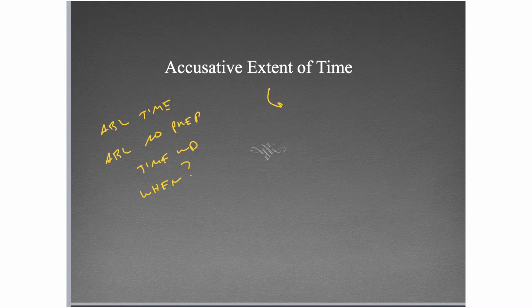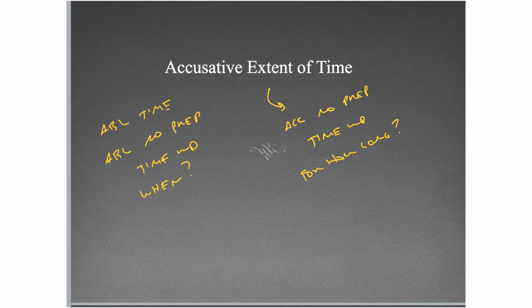The accusative extent of time, all right, is going to be the accusative, no preposition. All right, you also need a time word. And it's going to answer the question for how long. All right. So I have been running for 3 hours. For 3 hours, that's my accusative extent of time.